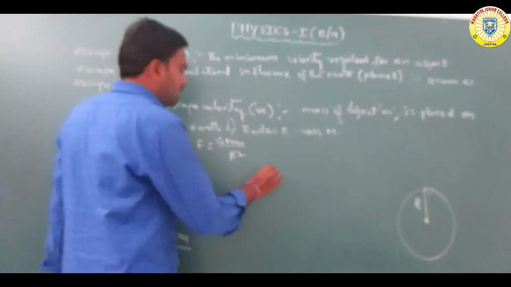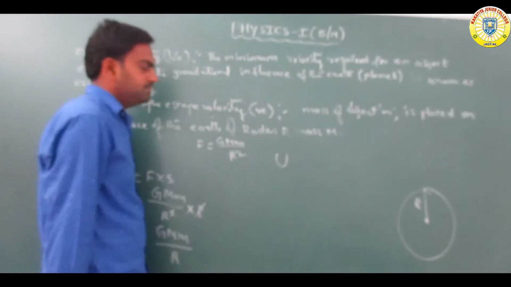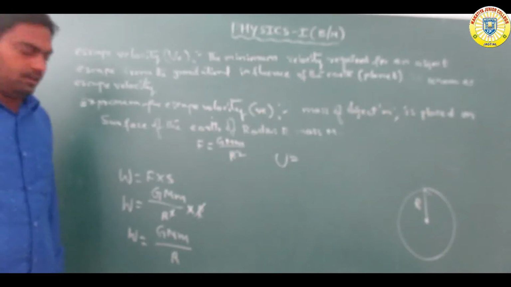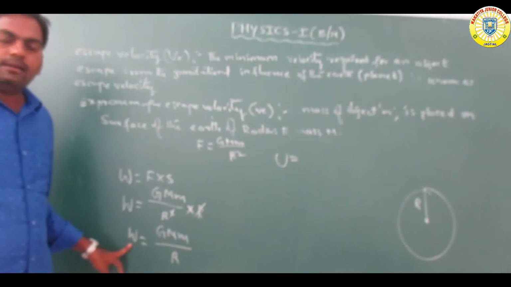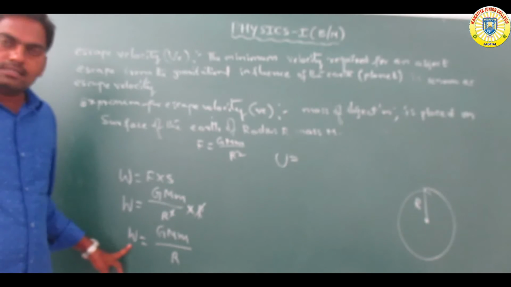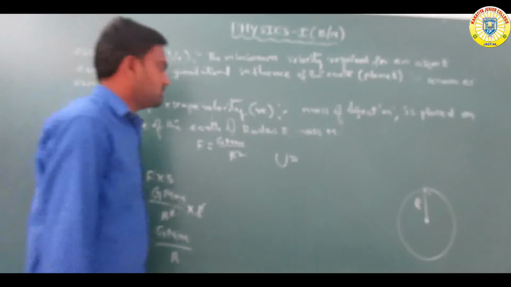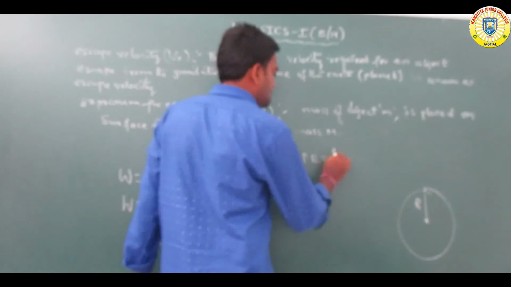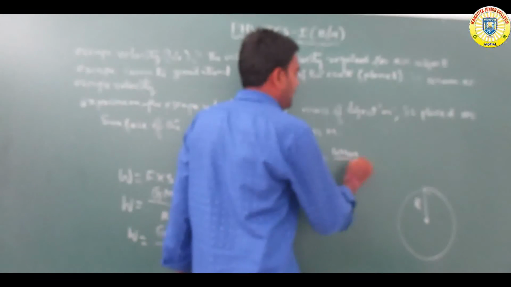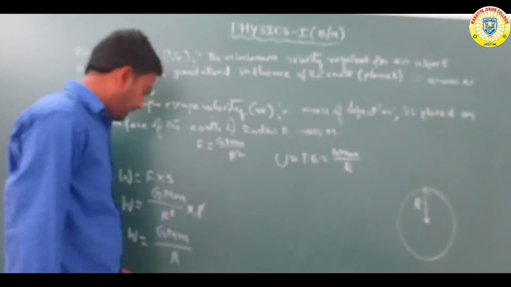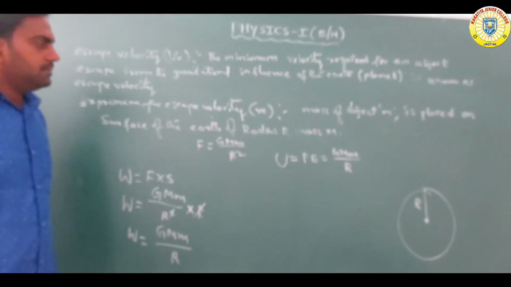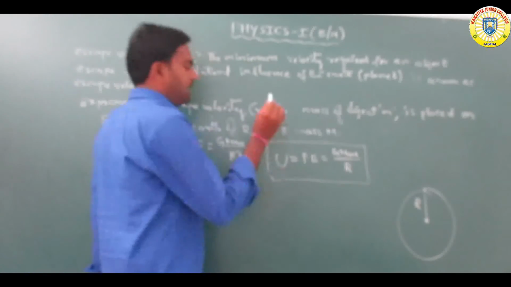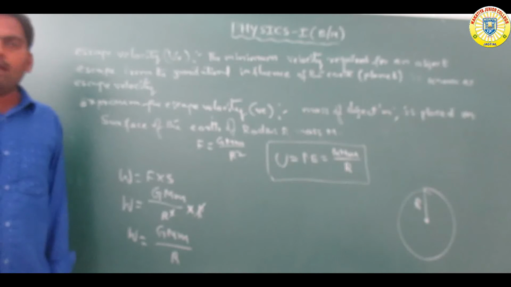So the total work done will be stored as potential energy. Potential energy is denoted by U. So the total work done is stored as potential energy, so the potential energy U, or P.E., is equal to G capital M small m by R. G capital M small m by R is the potential energy stored in an object.